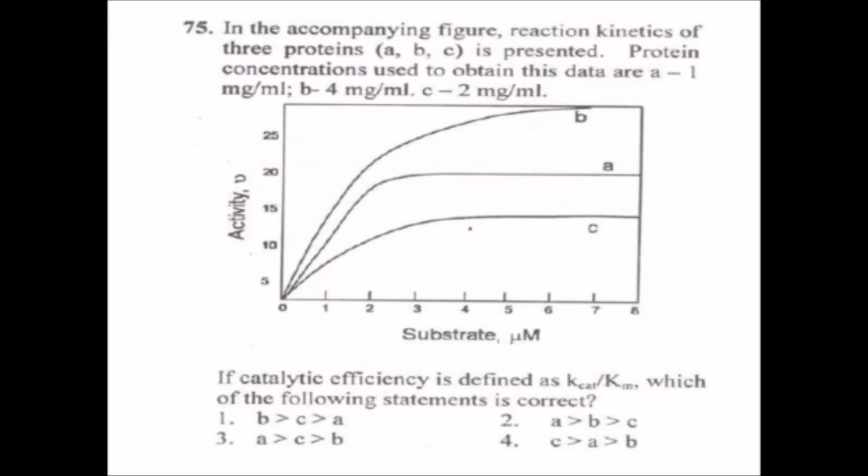Now, come back to the graph. Here it's showing the Vmax for B, Vmax for A, Vmax for C. Let's extend it to get the value. I am taking approximately 18 as the Vmax for A, and for C, I am taking approximately 12.